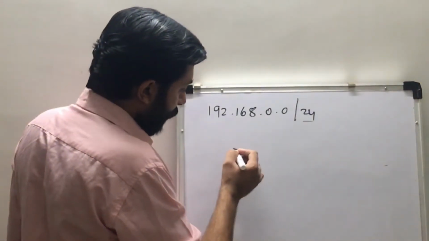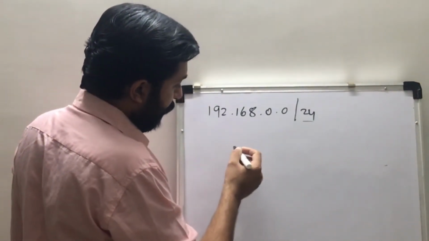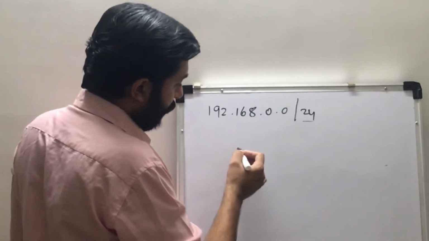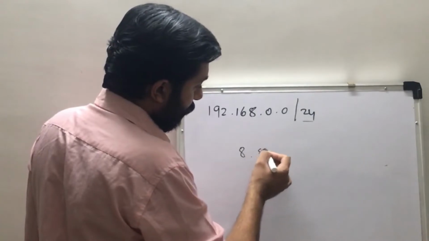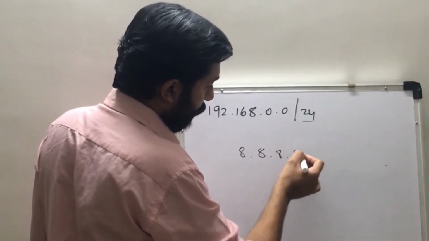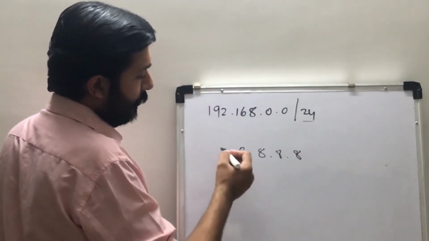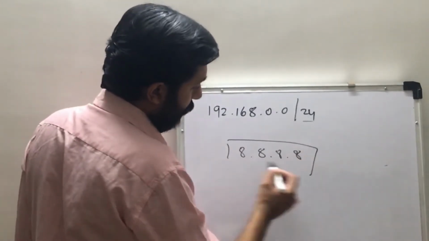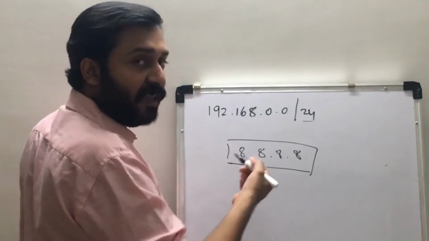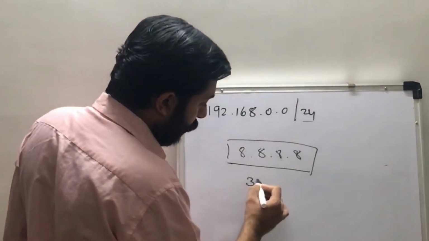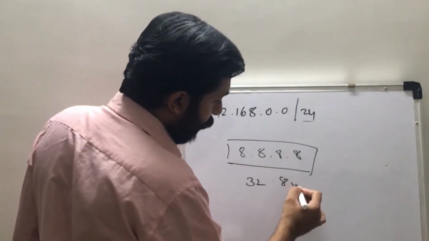Now an IP, say for example, is made of octets, and it is 4 in number, so this is 4 octets. And 4 octets means 8 in each makes it 32. 8 cross 4.